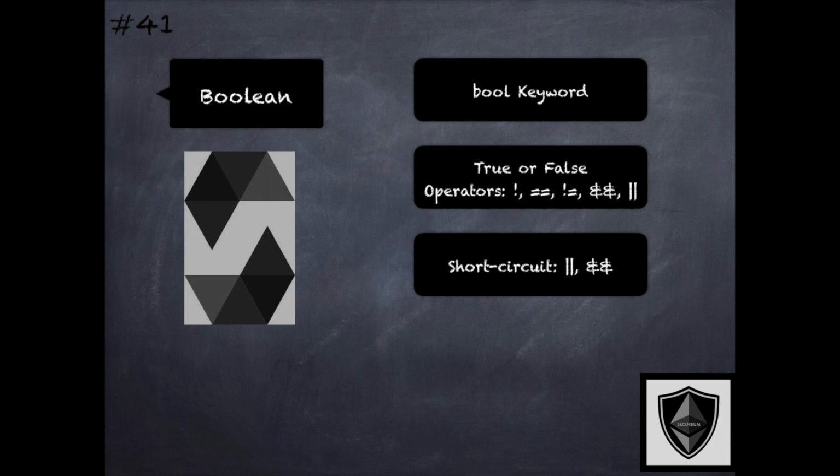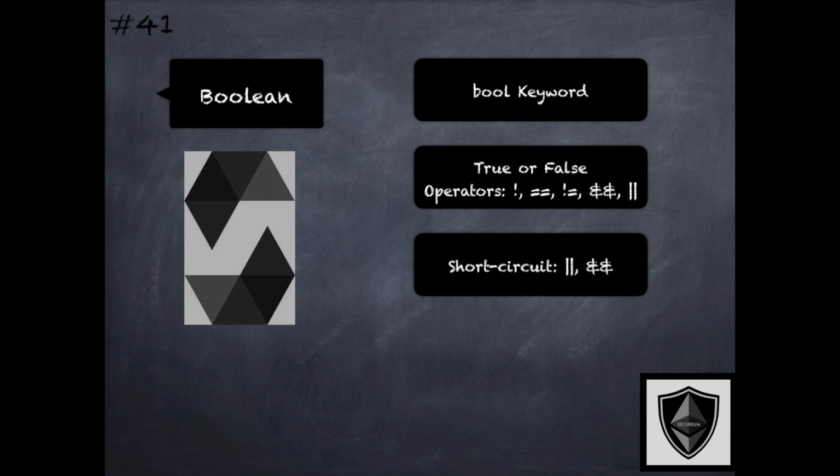The and or operators, the logical conjunction and logical disjunction operators, apply what are known as the short circuiting rules that you may be familiar with from other languages. This means that, for example, in an expression that uses the logical disjunction or operator, if there are two booleans, let's say x or y, if x evaluates to true, then the boolean y will not be evaluated at all, even if it may have side effects.